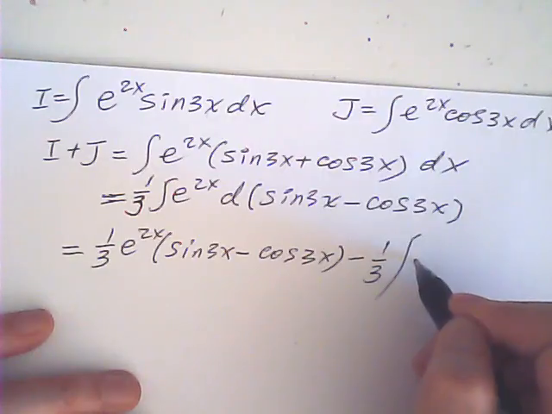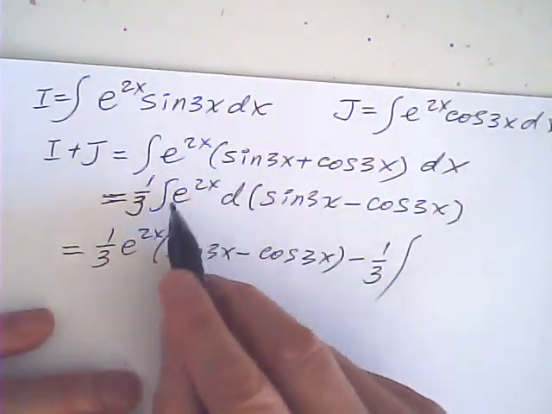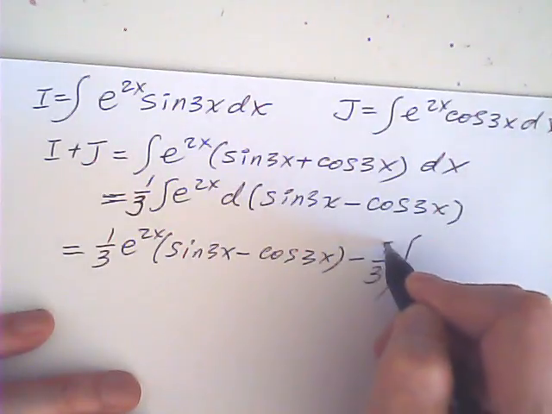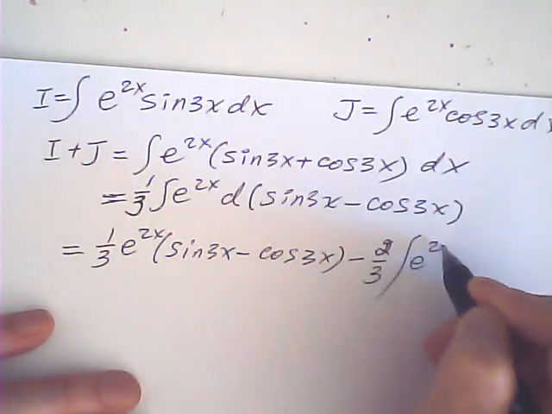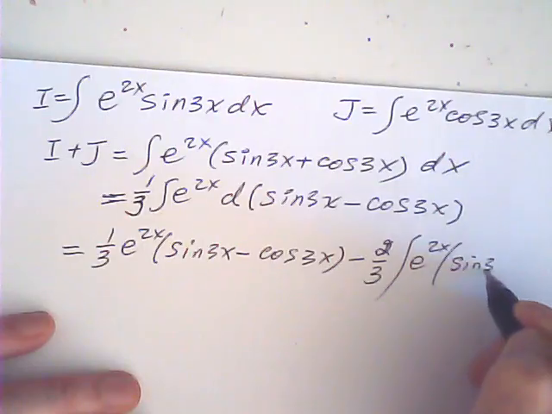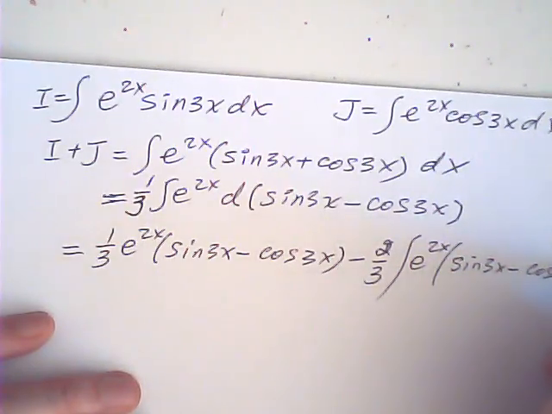The derivative of e to the 2x is e to the 2x times 2. So I have a 2 here, e to the 2x times sine 3x minus cosine 3x and a dx.